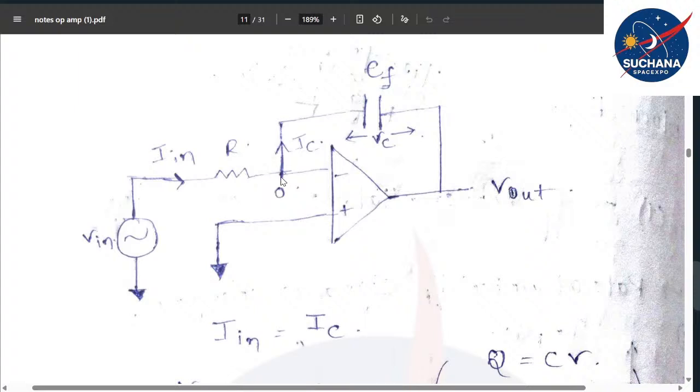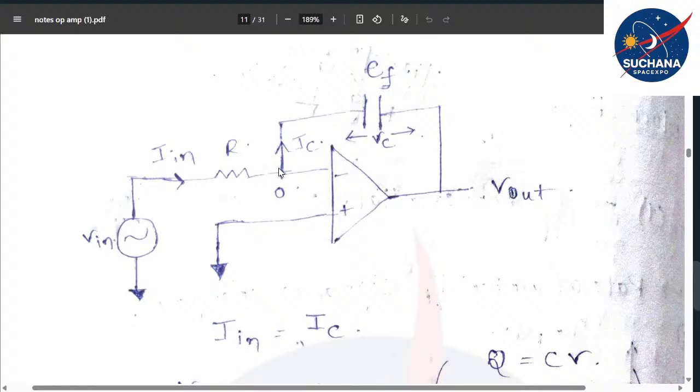Do you think it still remains 0, or what will happen to that node? I think it remains the same. Actually it will become 3 volt. So whatever the voltage that you apply to the other terminal, this node takes the same voltage.